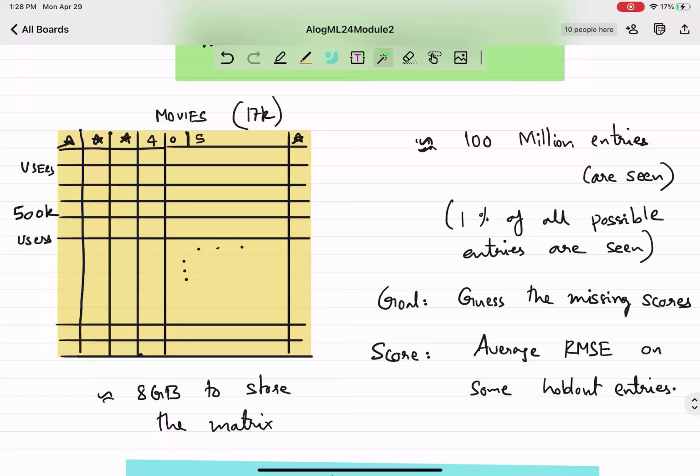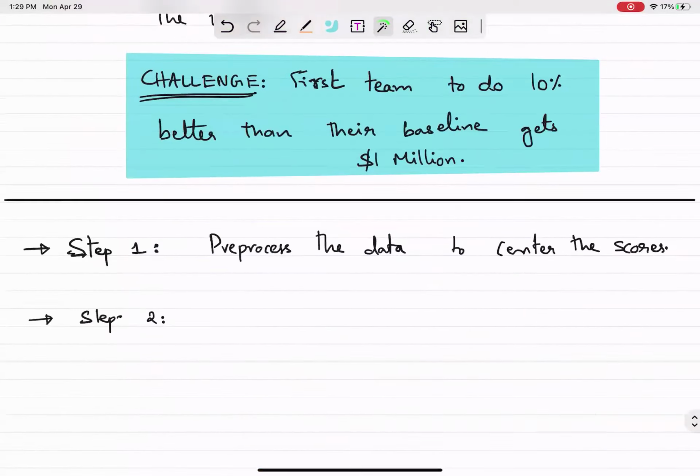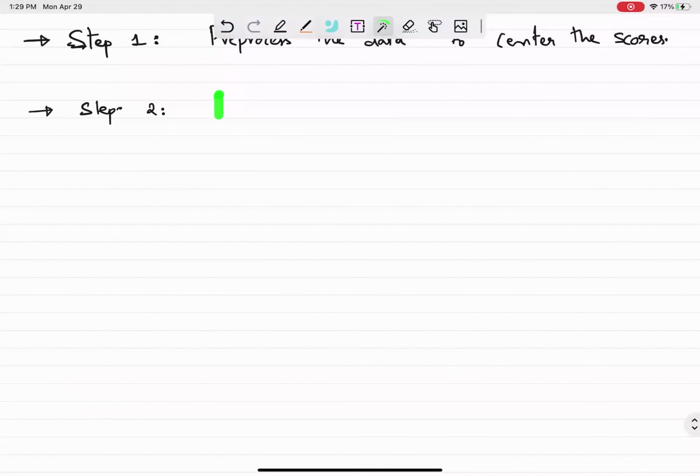I'm going to look at how you like movies, and I'm just going to say the average score is what I'm going to start with. So step 2: put 0 for every missing entry.